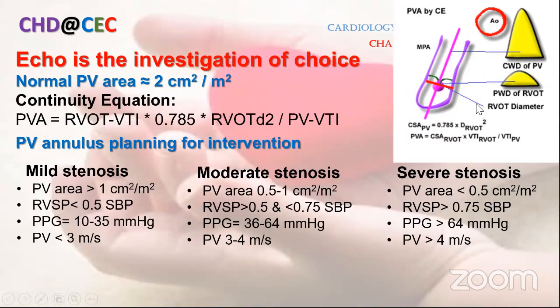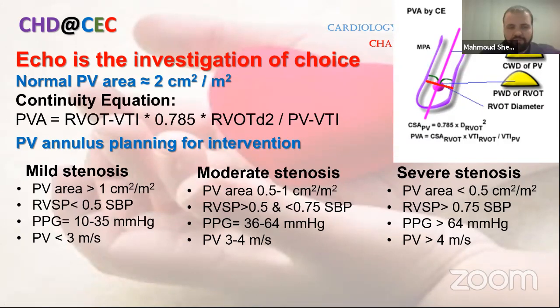Which view, Mahmoud, would you check for these? I would prefer to get the parasternal short axis view. Try to identify the RVOT. If you don't have good chest windows, you can use the subcostal views with the left anterior oblique angulation.